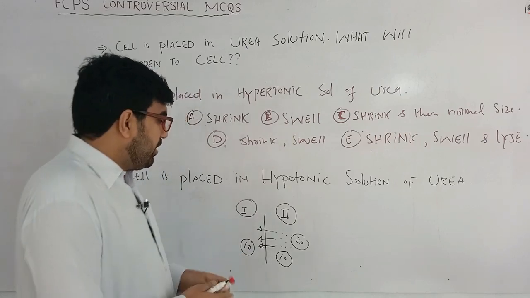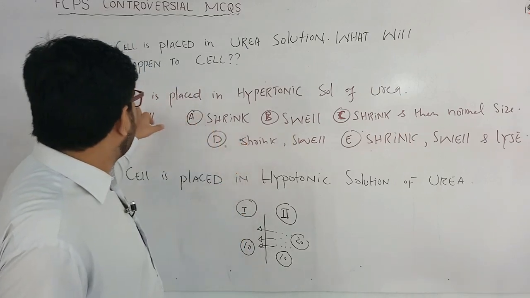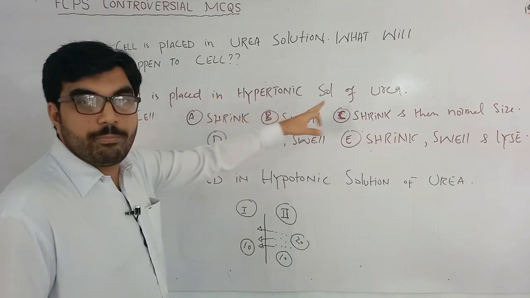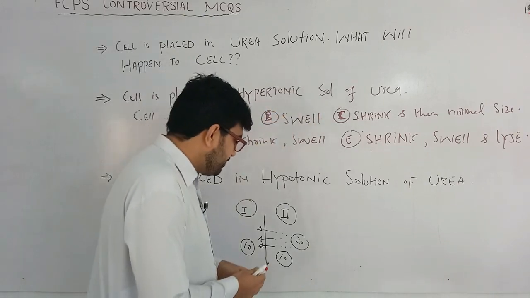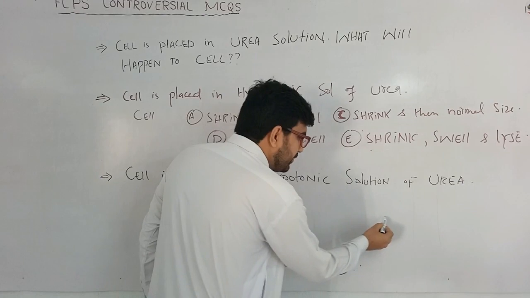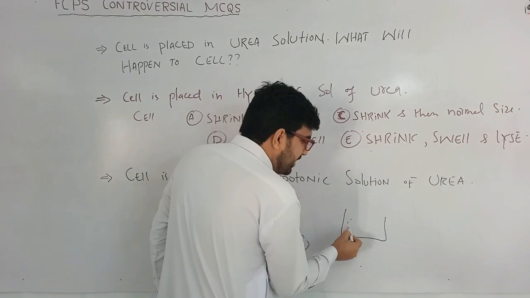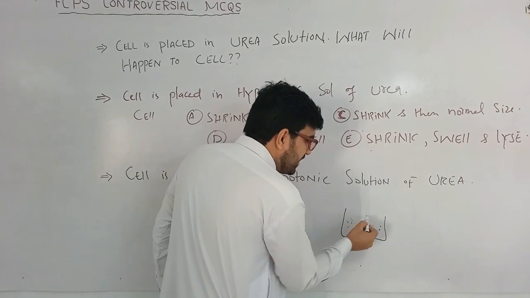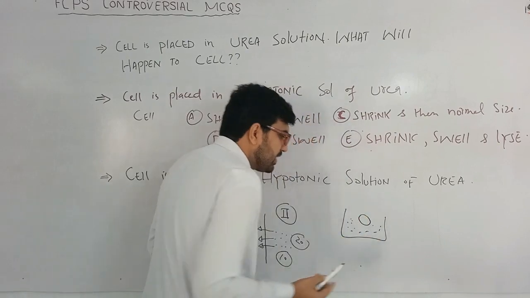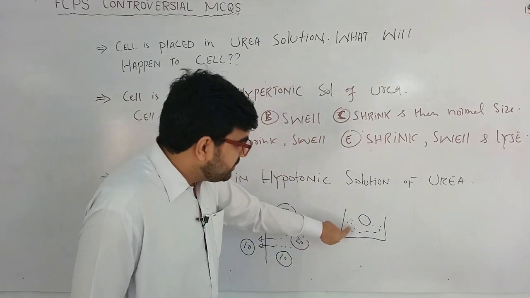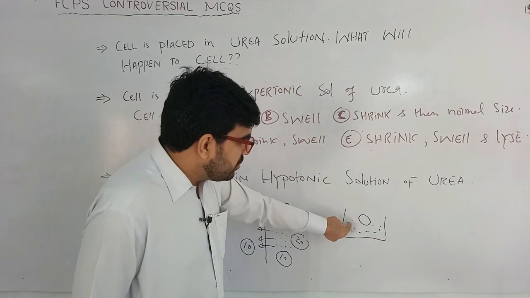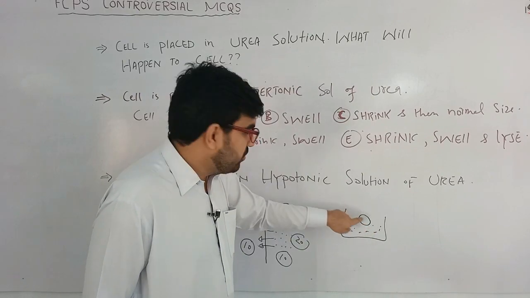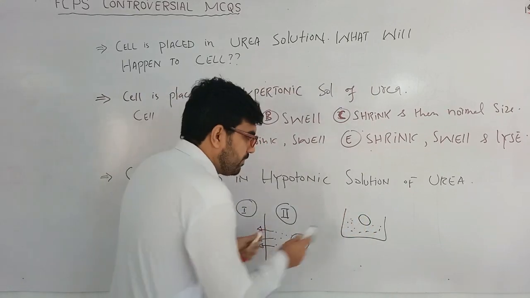Now, if we place a cell in a hypertonic solution of urea, what will happen? Initially the urea solution is hypertonic, so it will draw water.